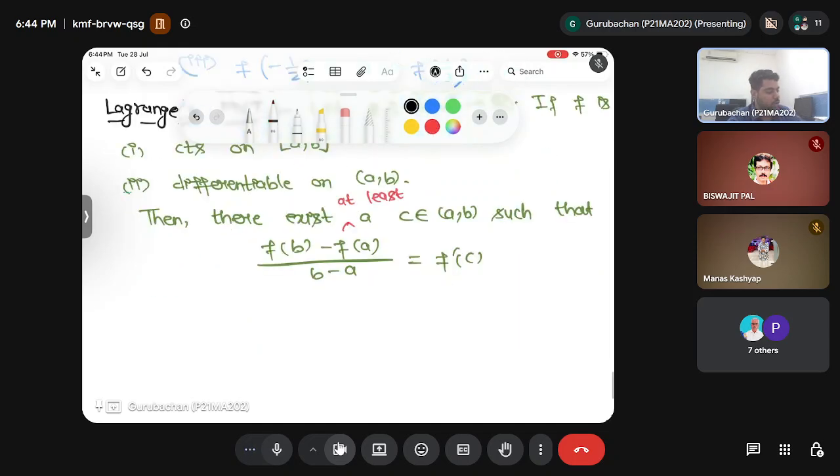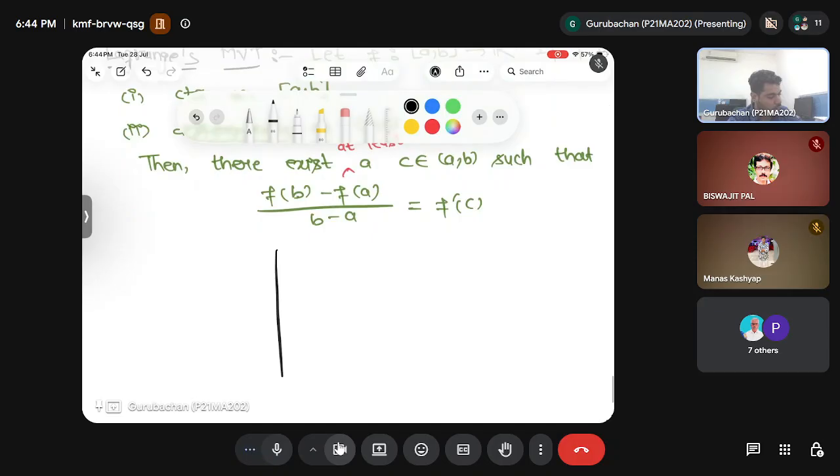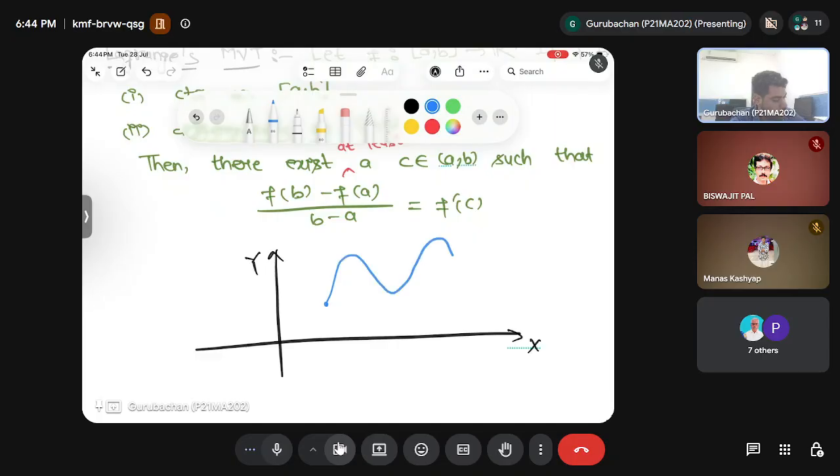So let me draw how it will look. Suppose this is your graph. Clearly this function f is continuous because it is not breaking anywhere, and it is differentiable as there is no peak. When you try to draw, what does this say?